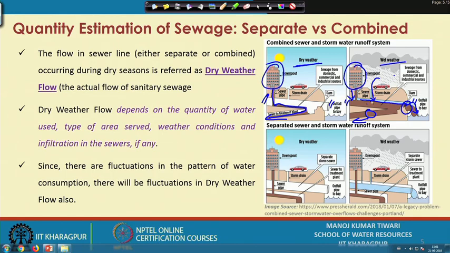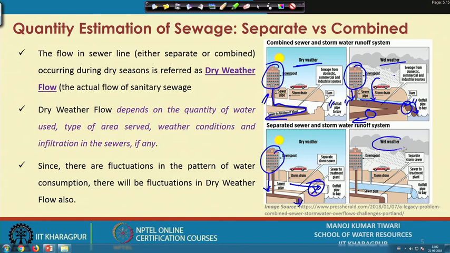The separate system has two distinct systems. In dry weather flow, this is your stormwater runoff system, and there will not be any flow in it, because there is no rain, so no storm runoff is generated. It will run totally dry, while the sewer network takes the sewage to the treatment system.